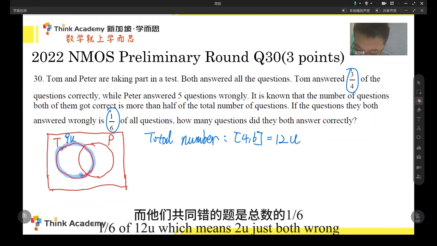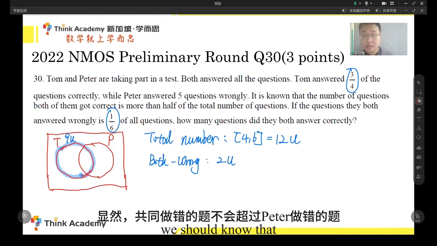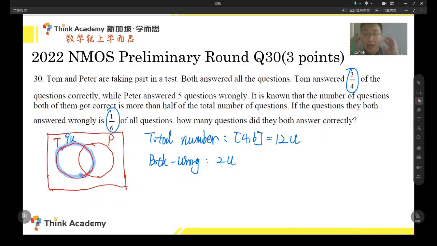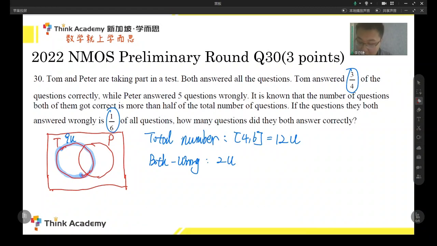Just both wrong is 2u here. We should know that the questions they both get wrong should not be larger than the questions Peter gets wrong, right? It's included in these 5 questions. So 2u is no greater than 5, which means the integer u can only be 1 or 2.